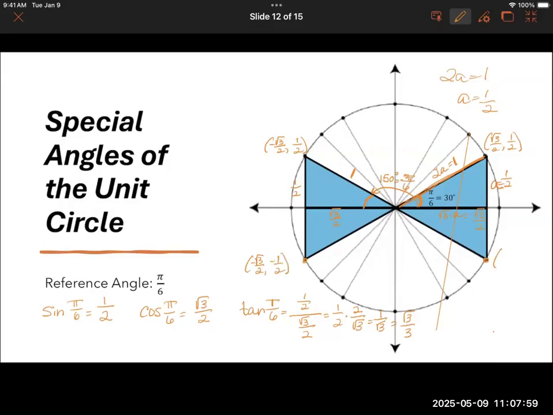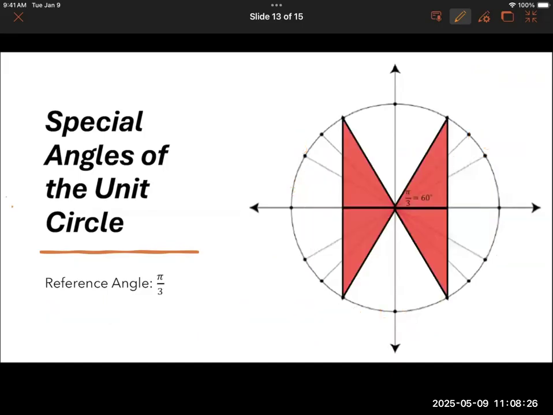Here, we would have positive root 3 over 2 and negative 1/2. And so you can see again how this x coordinate represents our cosine and this y coordinate represents our sine, because in each case, that side is being taken over 1, and so it's just that value.